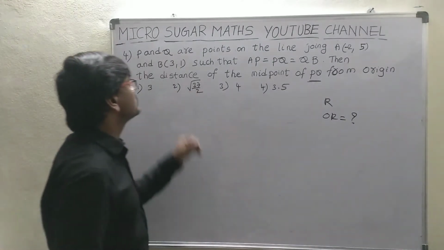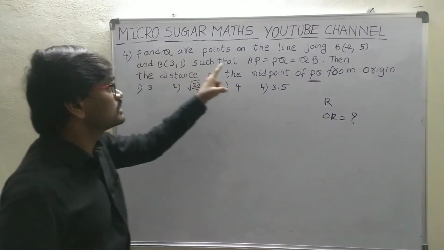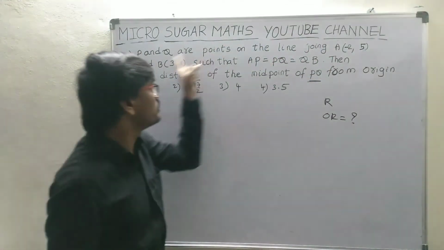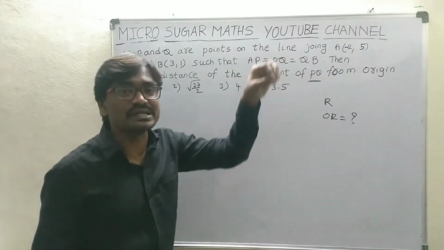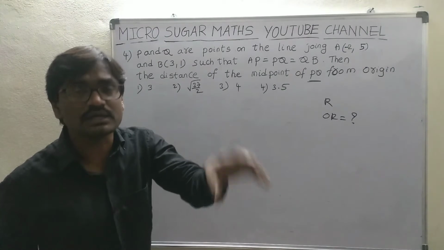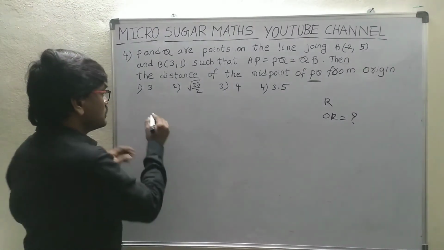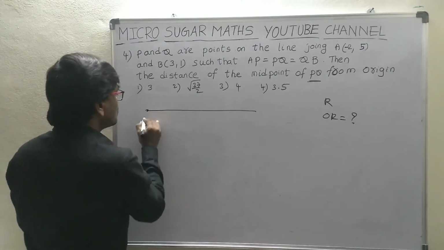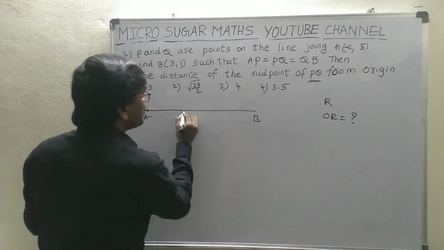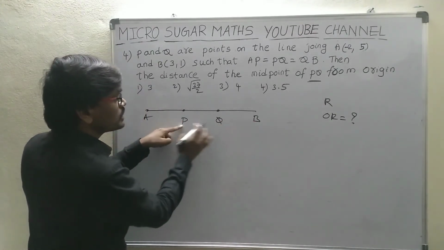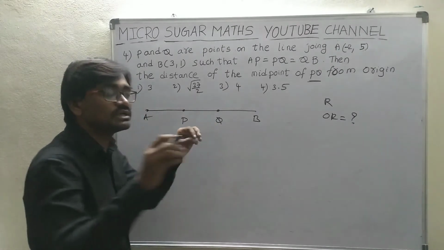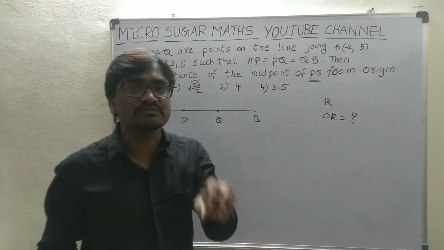Now students, it is given that P and Q are on the line segment AB such that AP is equal to PQ is equal to QB. Means our points P and Q are points of trisection.